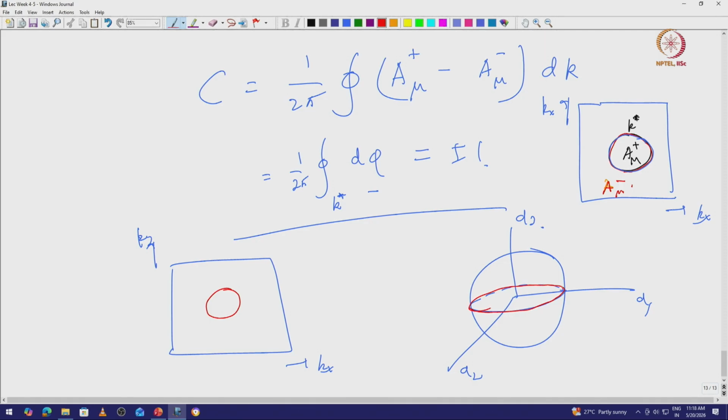Now, you can say that I can choose a parameter in which the band inversion might be happening here, and that would correspond to somewhere here.